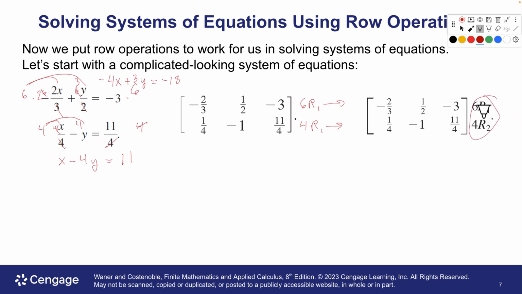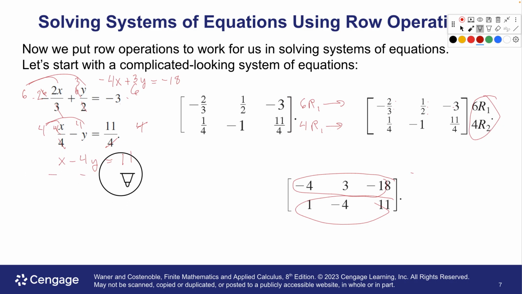Then this 2/3 is now going to become negative 4. 1/2 is going to become 3. Negative 3 will become negative 18. So we got that right here. And likewise, the bottom row became 1, negative 4, 11.